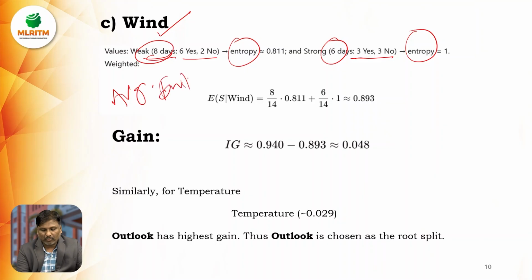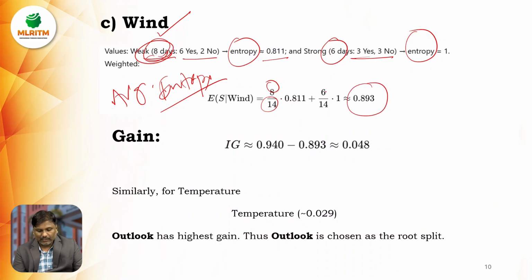How many weak do we have? 8. How many total instances? 14. So 8 by 14 into the weak entropy value and 6 by 14 into the strong entropy value. So finally we got 0.893. Now gain equals total or entire data set entropy minus average entropy.